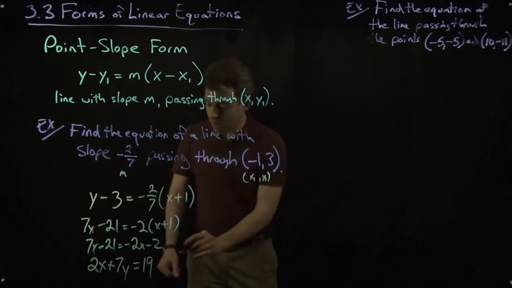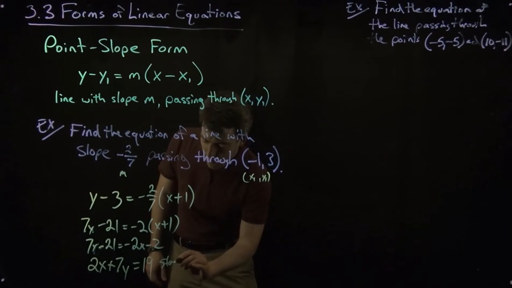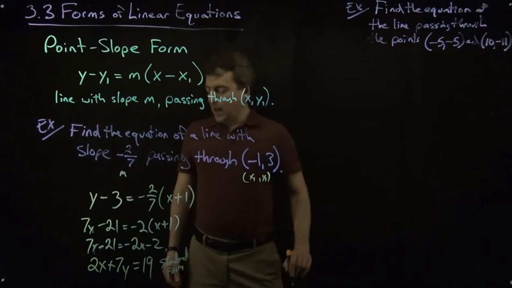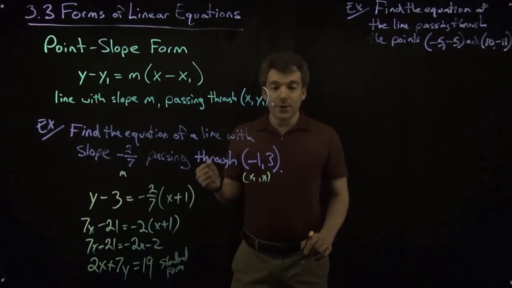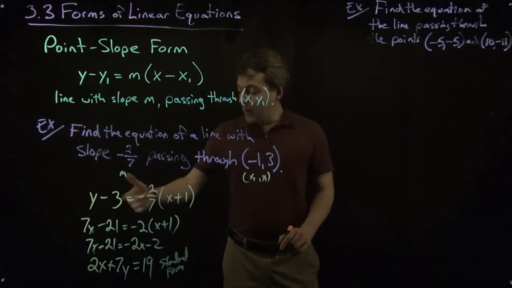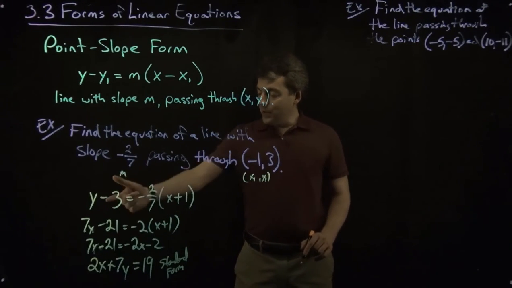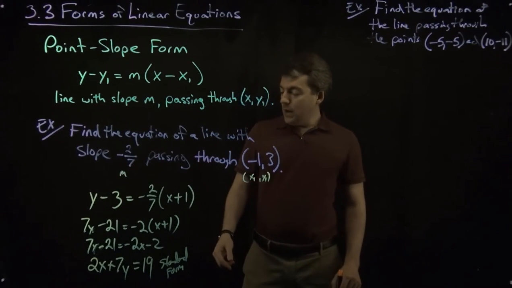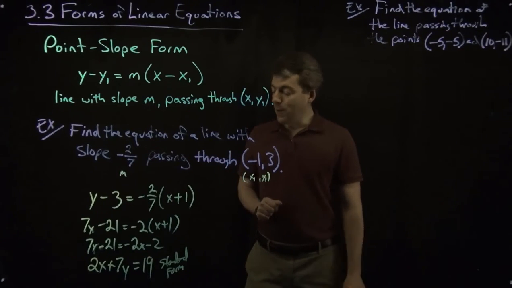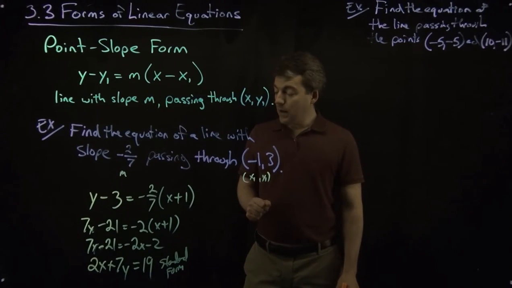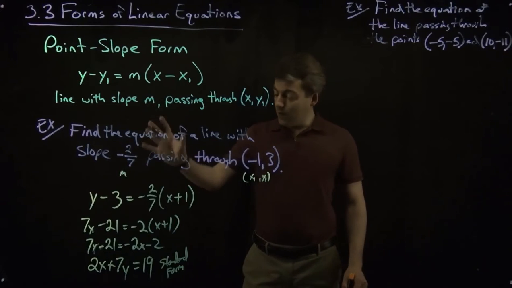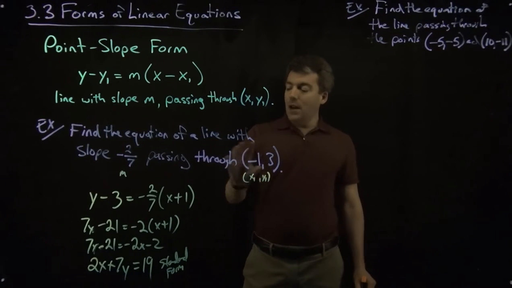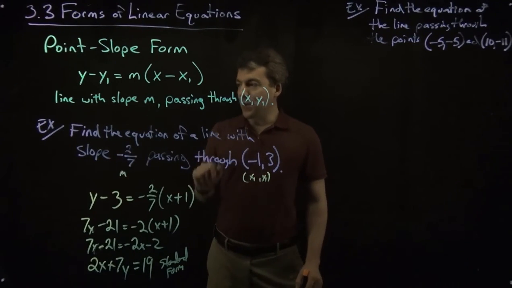So this would be standard form, if we need that. If you want slope-intercept form, we could start up here and then distribute and then just add the 3 to get the mx plus b form. In either case, we've got the equation of the line now, just given a point and the slope.